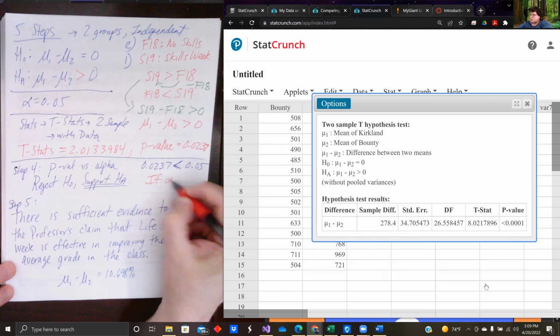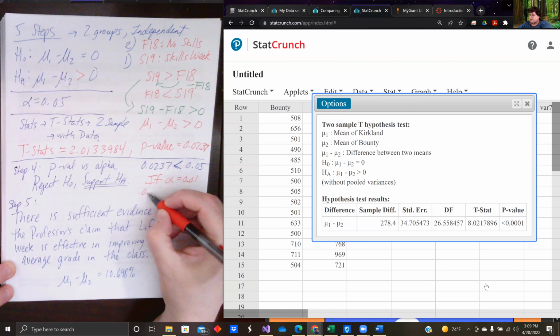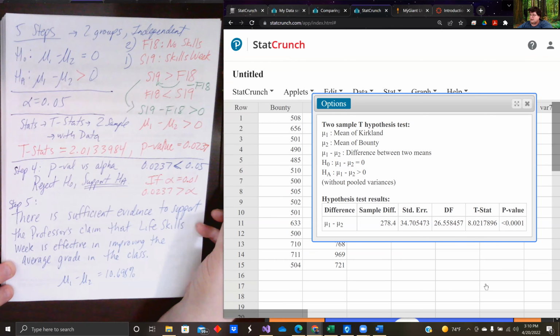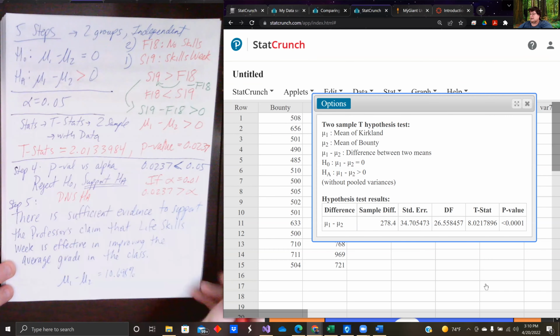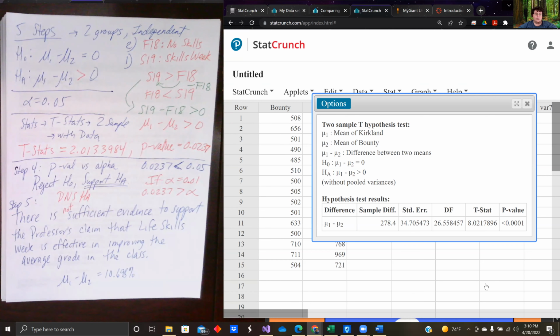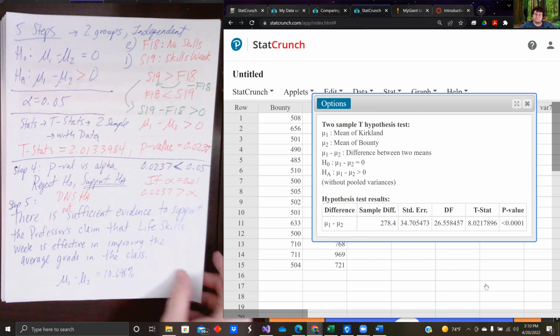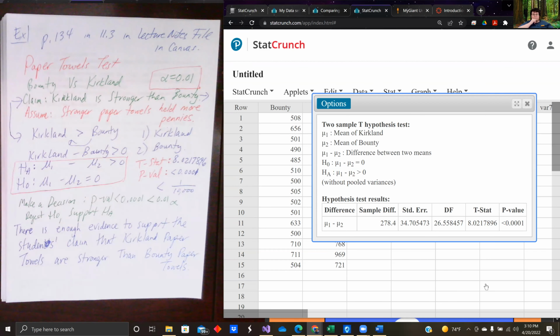If alpha was 0.01, like the student's paper towel project, then I would have had 0.0237 is greater than alpha, and I would have said do not support HA, which means there is not enough evidence to support my claim. So that's why choosing alpha is important. That was the idea of that one, and why I brought that up right now.